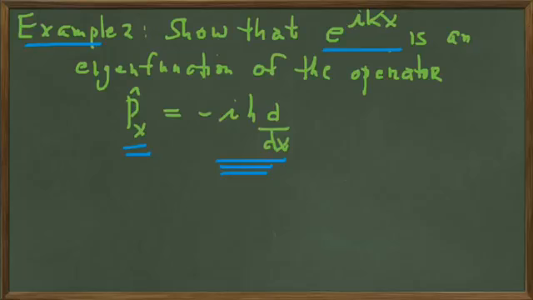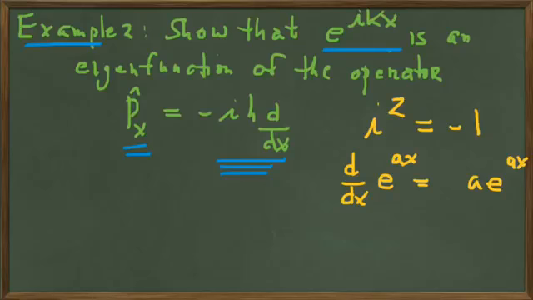Let's make note of the fact that I squared, when we square the square root of -1, we get -1. And let's also make note that when we take the derivative of e to the ax, this is a chain rule problem. We get the derivative of the outer function evaluated at the inner function, and then we get the derivative of the inner function ax, our I prime.